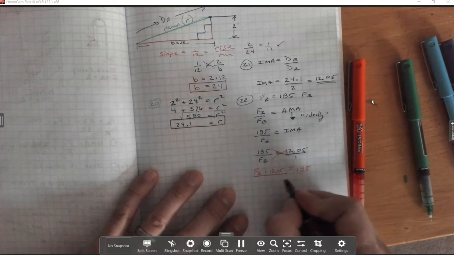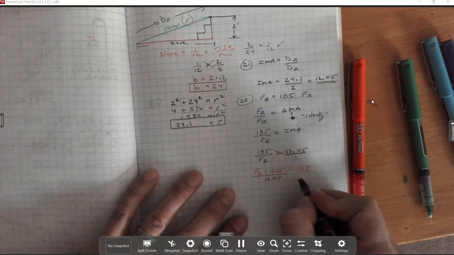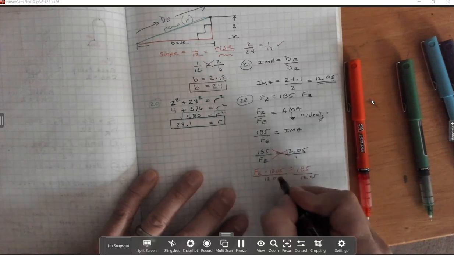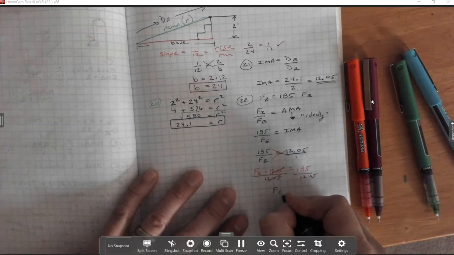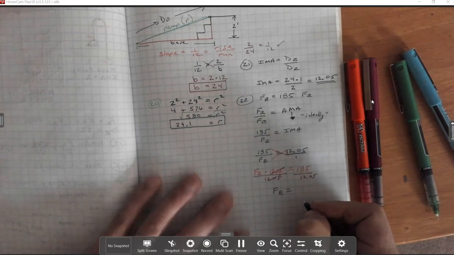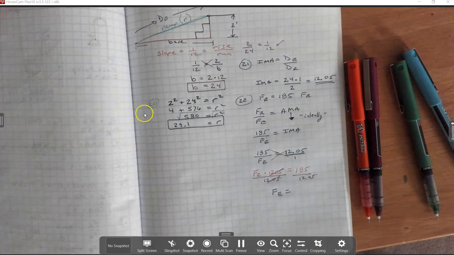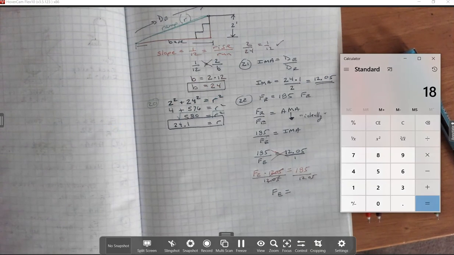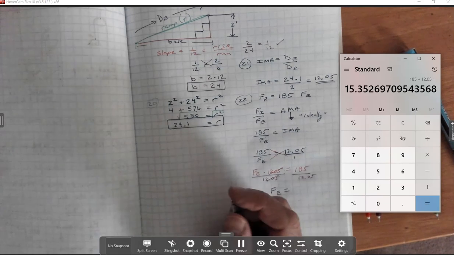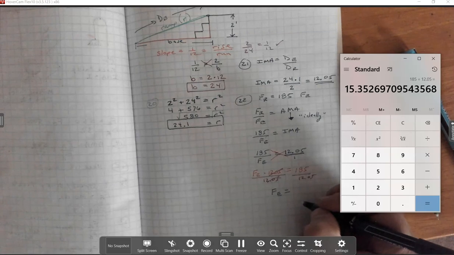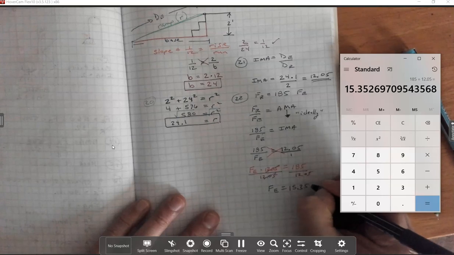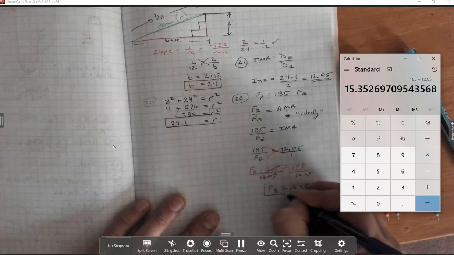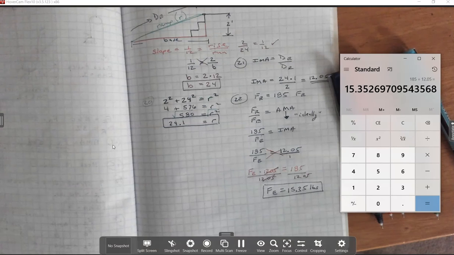We're going to then come back and divide both sides by 12.05 to get our required effort force, at least the best possible. So that's going to be 185 divided by the 12.05. So about 15 1/3. There you go.